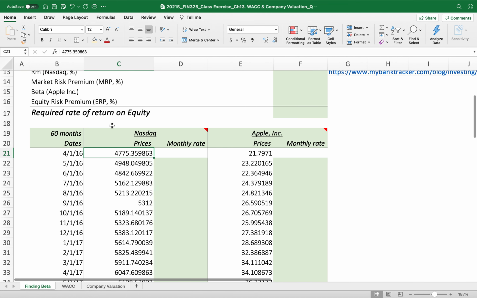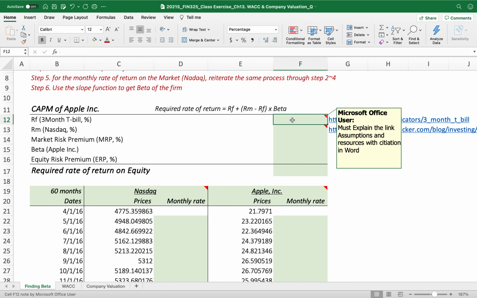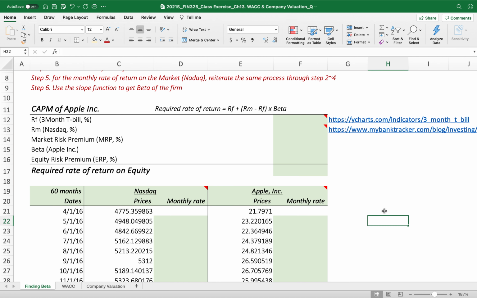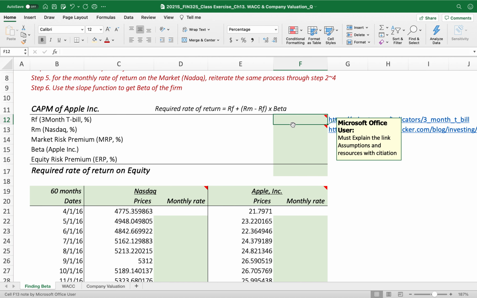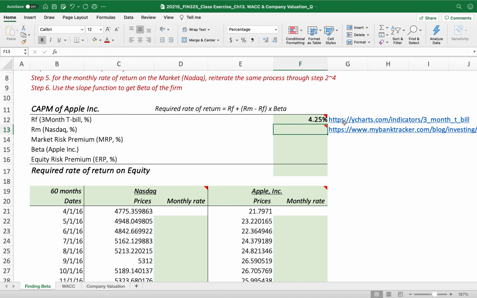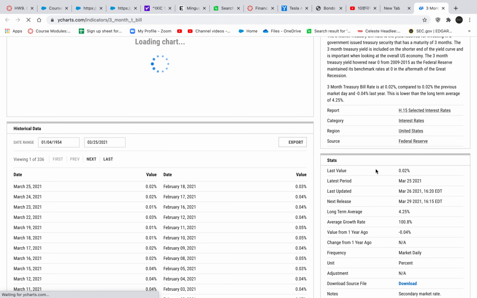Okay. So how to calculate? Let's get started from RF. This RF, we can also find as long as you search for it. For example, I'm going to put 4.25% as a direct input, and I found this information on YCharts.